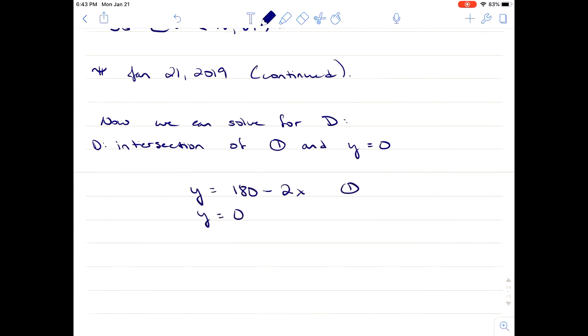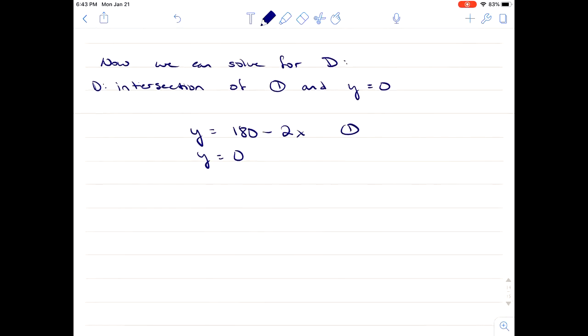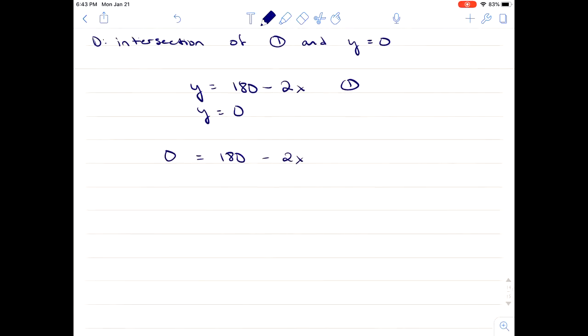This is kind of a nice solution, because we know that y has to be 0. So we only need to solve for x. We can set these two equal to each other. Y equals this, y equals this. Force them to be equal. So now we're saying 0 must be 180 minus 2x. Solving for x and also avoiding negatives, I'm just going to move the negative 2x over to the left-hand side.